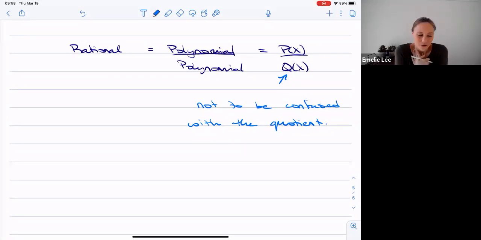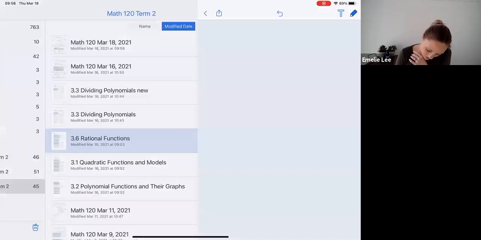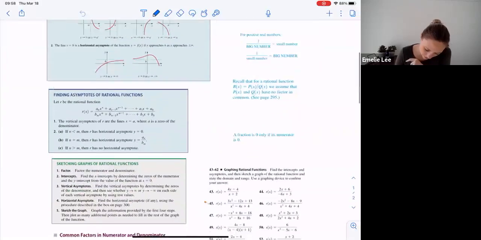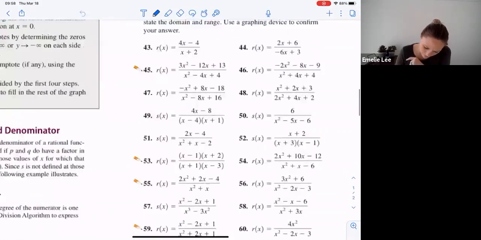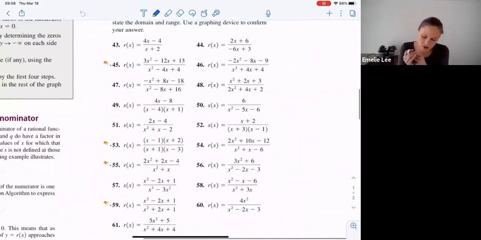Now what we're building up towards is being able to graph big nasties, or at least sketch a graph of something kind of big and nasty like this. So we're building up towards sketching graphs of a polynomial over a polynomial.